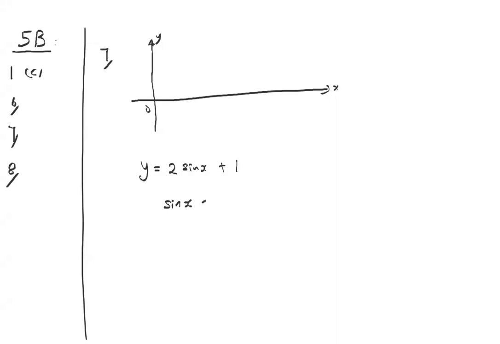Sin of an angle, highest is 1, lowest is -1. 2 times sin x, highest is 2, lowest is -2. 2 sin x plus 1, that is my y. Highest is 3, lowest is -1.